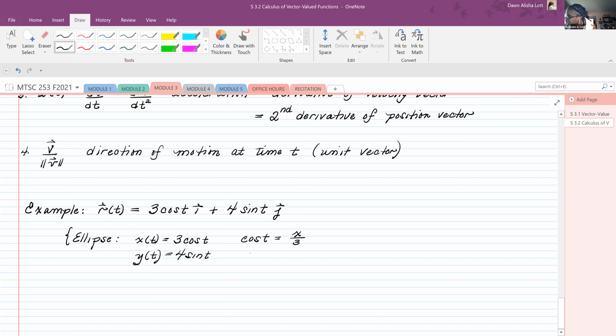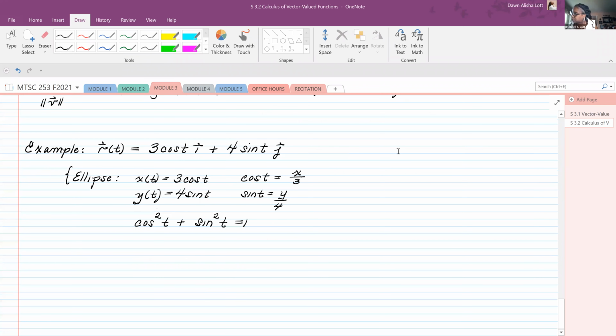So that says the sine of t is y over 4, and cosine squared t plus sine squared t is 1.